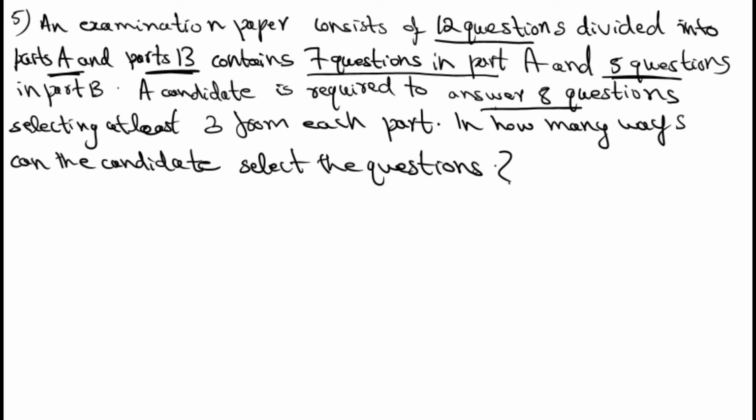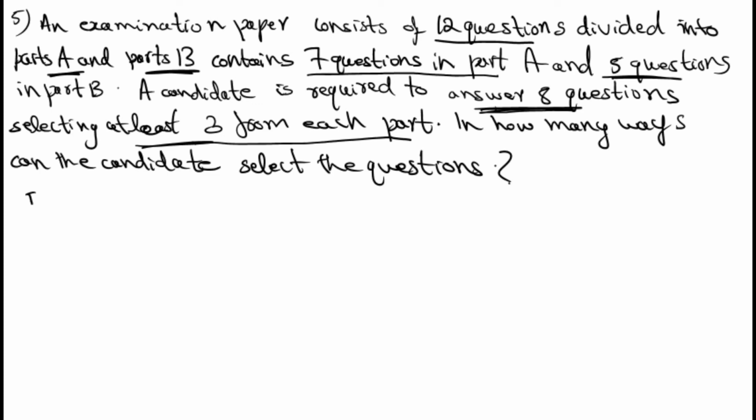Okay, 7 plus 5, 12 questions are there, but the candidate needs to answer only 8 questions, selecting at least 3 from each part. That means from part A he needs to select at least 3, and from part B also he needs to select at least 3. In how many ways can the candidate select the questions? You need to find the number of possibilities. Okay, that is the number of possible ways.